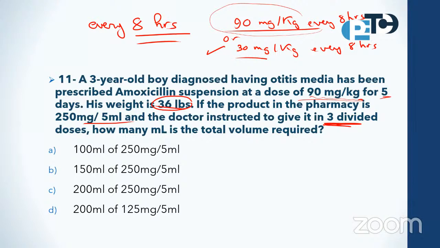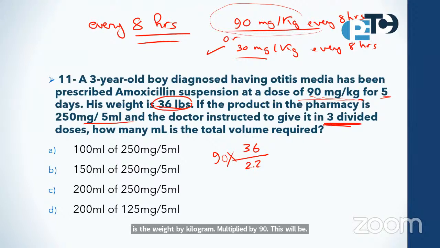How can we convert pounds to kilograms? 36 pounds over 2.2 is the weight in kilograms. Multiplied by 90, this will be the daily dose in milligrams.